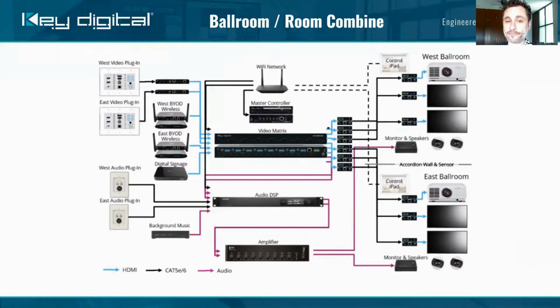And then we also have our wireless presentation for the West and East ballrooms. Integrated, we're using the audio de-embed ports to feed a DSP from one of our device manufacturers. And we have our Compass control system working to control the routing, the displays, the projectors, and the audio DSP.